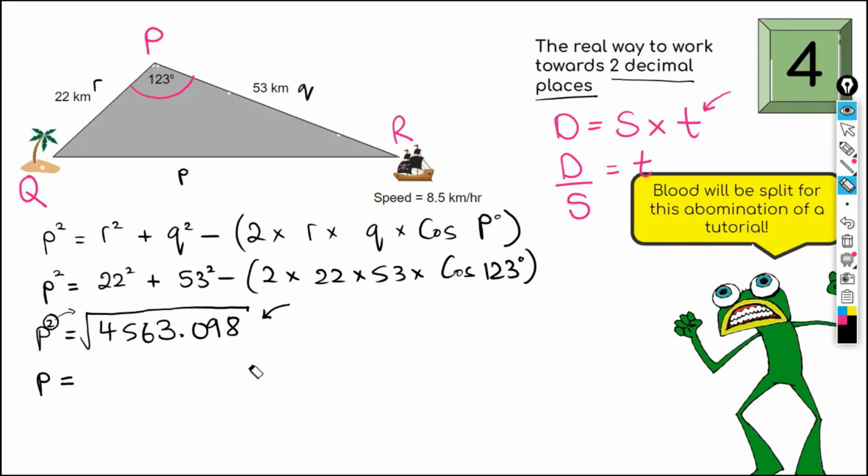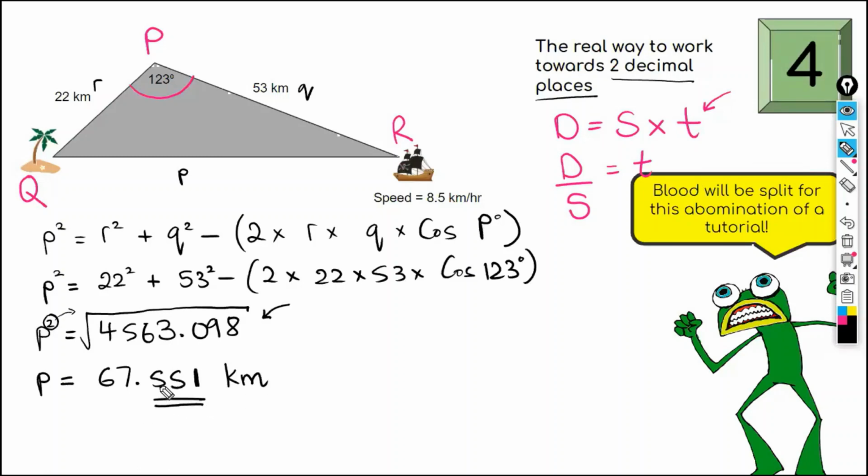Thanks for correcting me. So what I'm going to do, I'm going to square root that now, 4563.098. And when I do that, I am going to get 67.551. Now, if you look at it, I'll get a 1 here because I got a 0 and then a 7 after. So if I round it off to 3 decimal places properly.